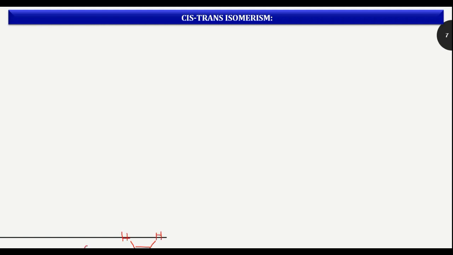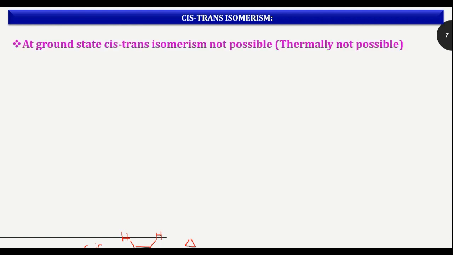What is this molecule? This is called cis olefin. Under ground state, if you heat this compound even to higher temperature, it cannot convert into trans isomer. So cis olefin cannot convert into trans isomer. That means under ground state the cis-trans isomerism is not possible. So thermally it is not possible.